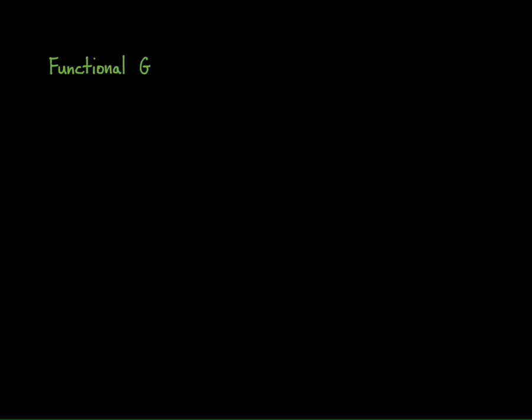Now, what do functional groups mean? This is a new concept to you, and in essence, organic chemists really focus on functional groups, meaning groups that have a particular function. So different types of groups have different types of chemistry.